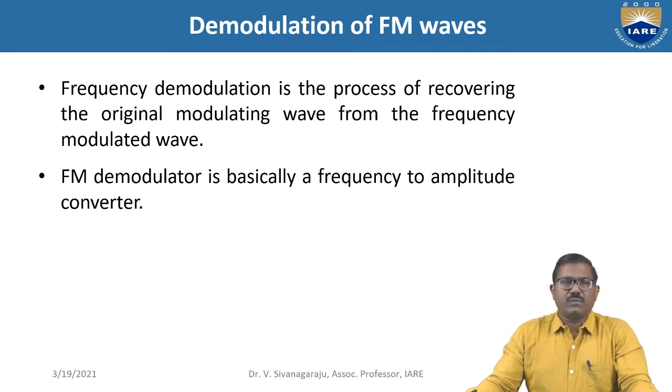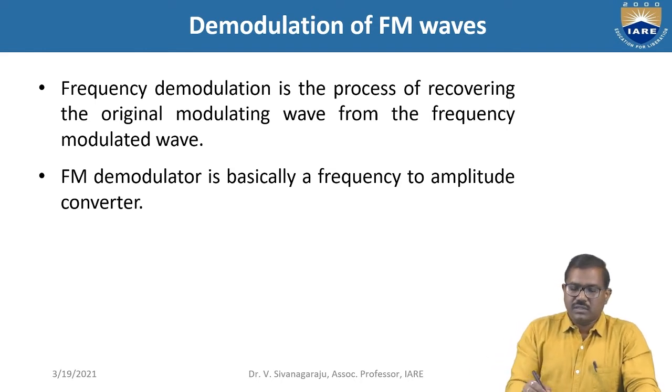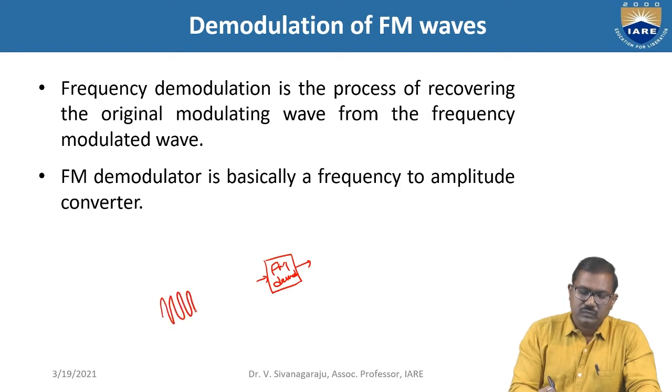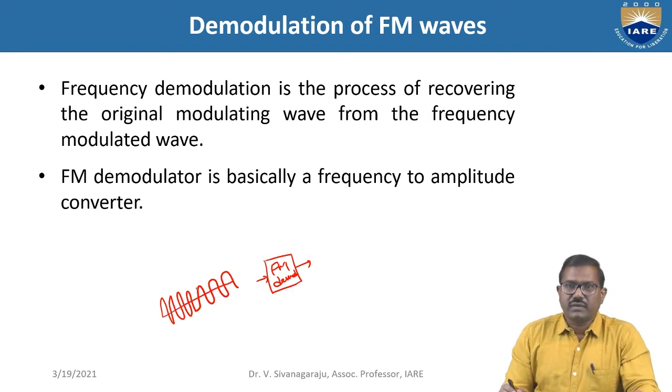So FM demodulator is basically a frequency to amplitude converter. That means we can think like that, this is the FM demodulator. So for example, here we are having different frequencies coming in.